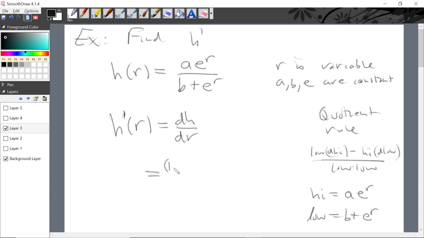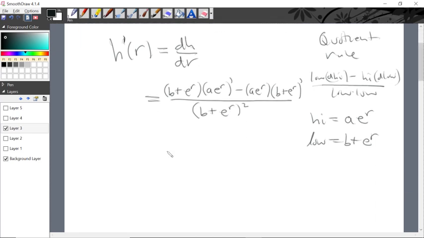We have the low function b plus e to the r times the derivative of the high function, so I'll write a e to the r prime, minus high, which is a e to the r, d low, so that would be b plus e to the r prime, over low low, so the low function squared.